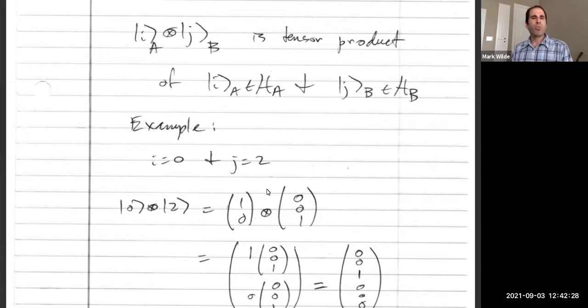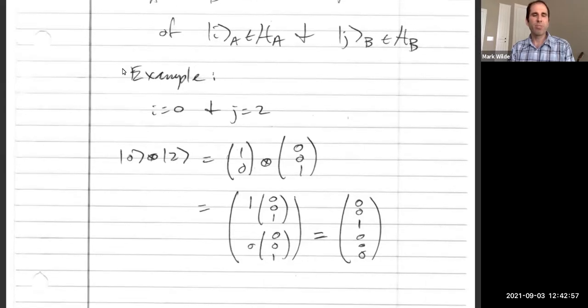If I have two real numbers, I would use the Cartesian product. But in quantum mechanics, we need something beyond that, and that is the tensor product. We use this notation for it: you take a vector from a Hilbert space labeled A and a vector from a Hilbert space labeled B, and this is the tensor product.